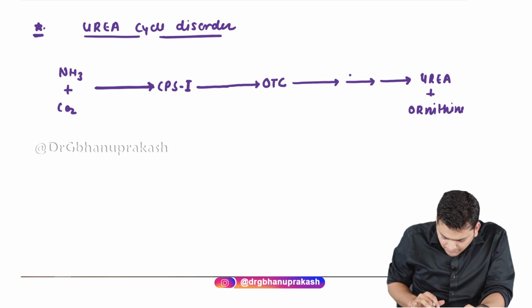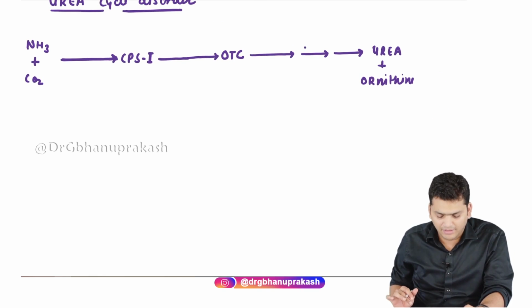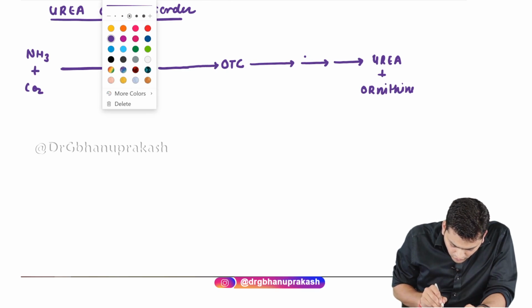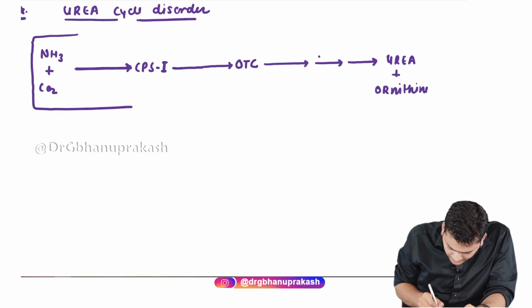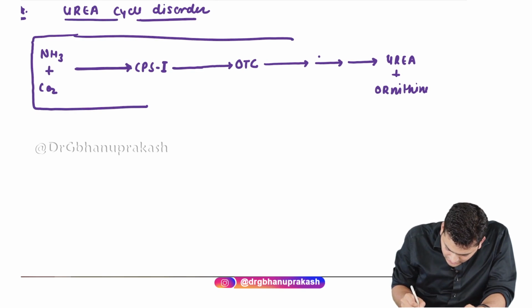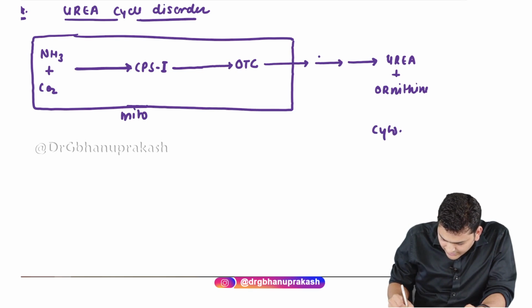So this is a simple way to represent the urea cycle, and I have written the important names of the enzymes. The first two reactions occur inside the mitochondria. This is the mitochondrial part, and these are the cytoplasmic reactions.